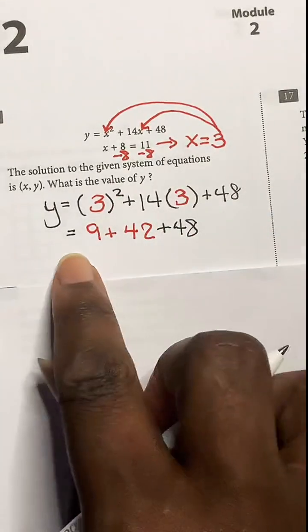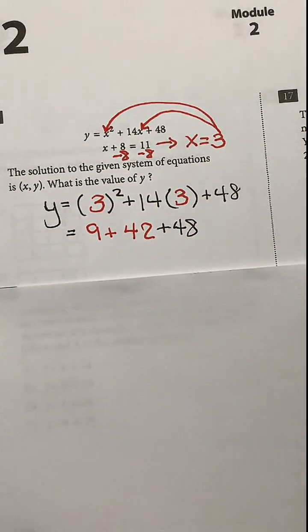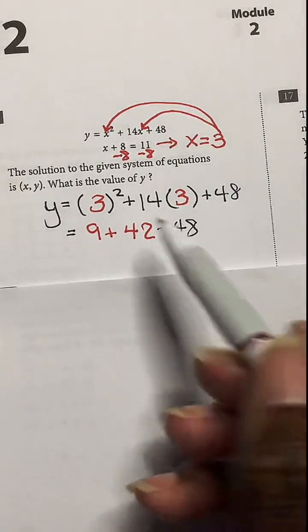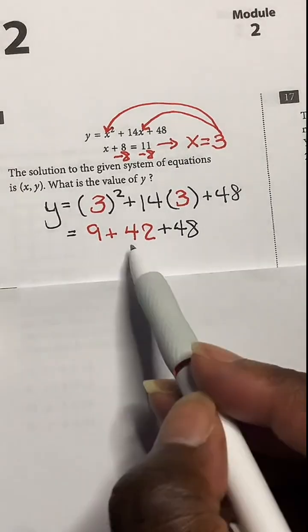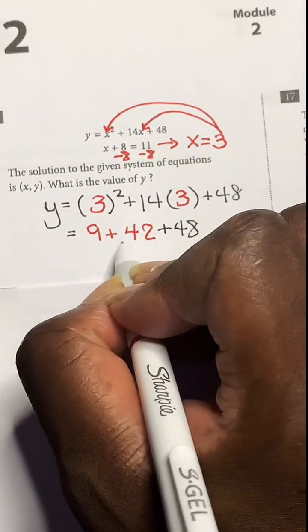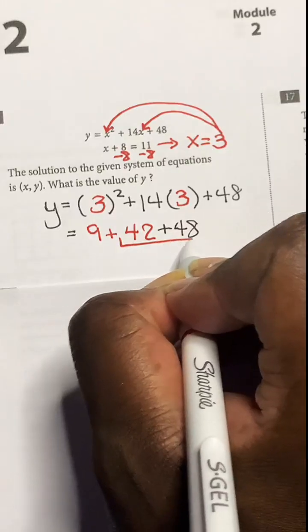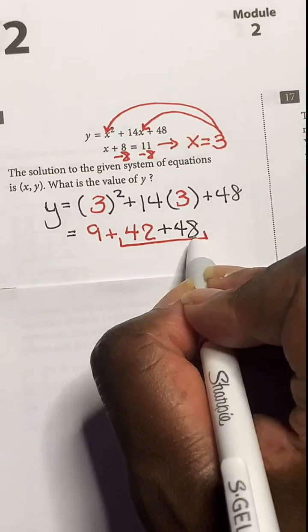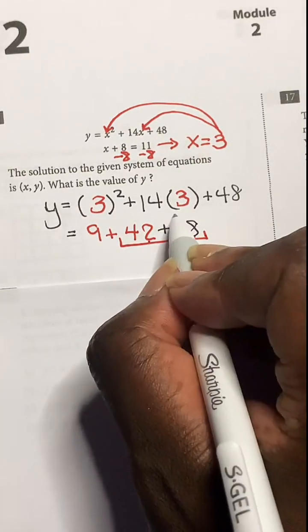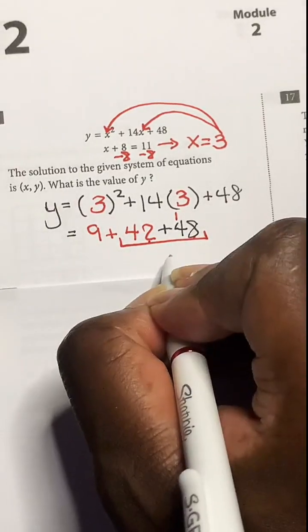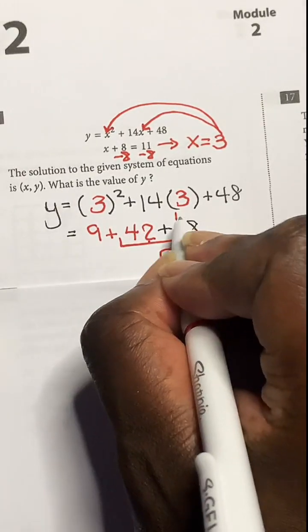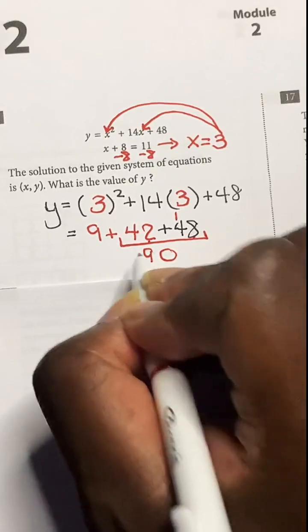So what you have here is nothing but addition, so you don't have to worry too much about PEMDAS. If I wanted to make my life easier, I'm going to get with these, because I know 8 and 2 is going to give me a 10. I'm going to carry 1. So that is going to be 4 plus 4 gives me 8 and 1 gives me 9.